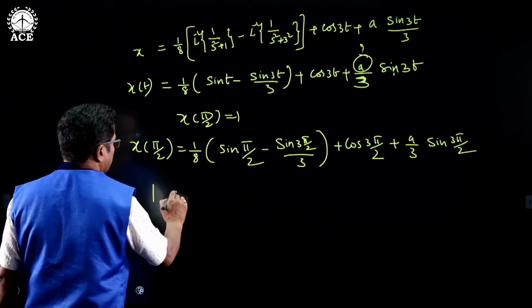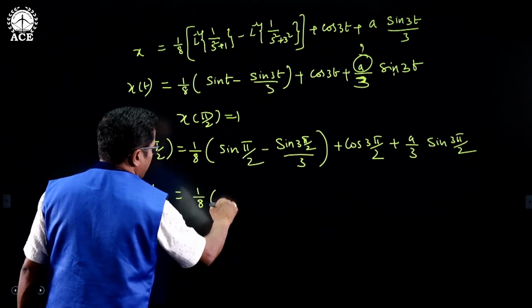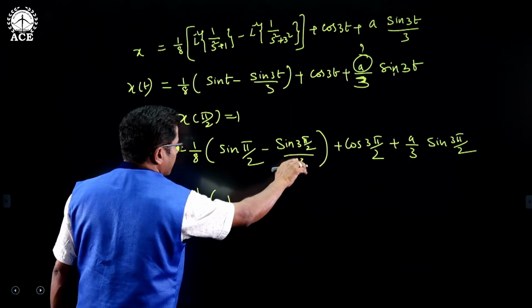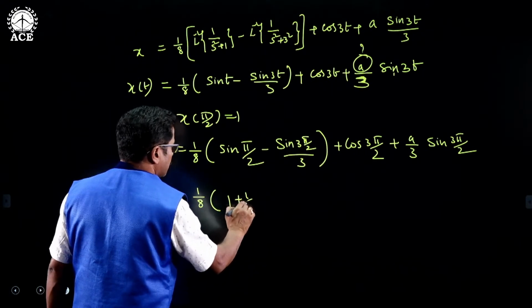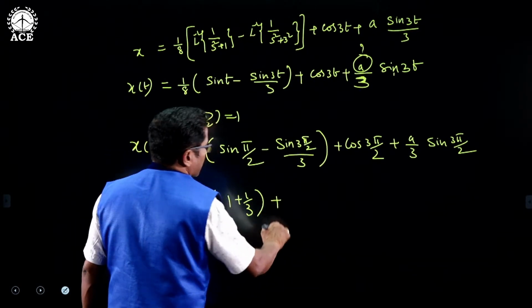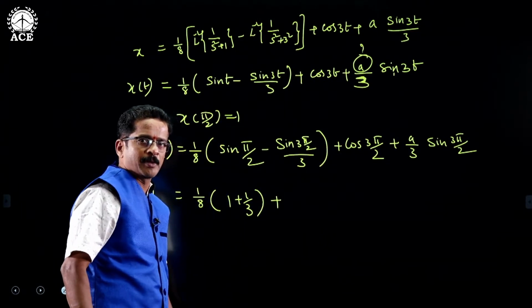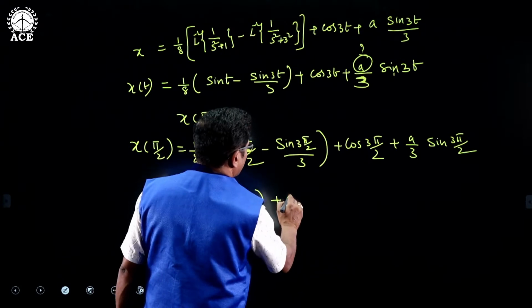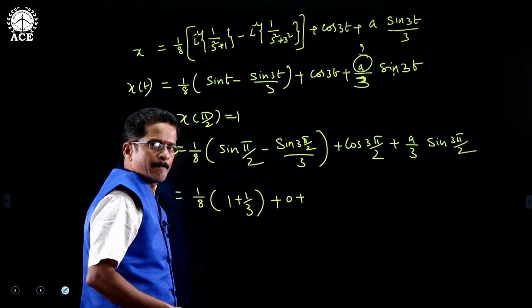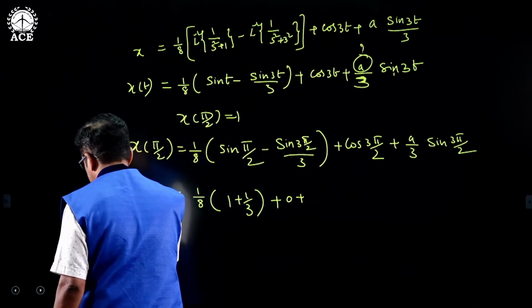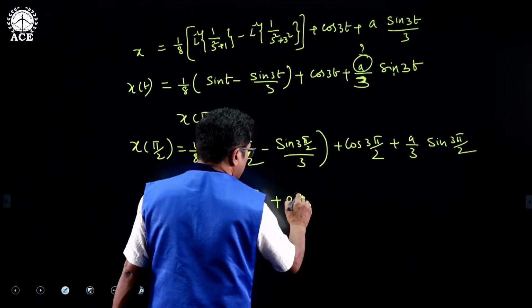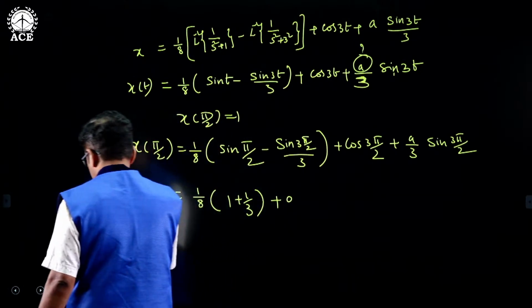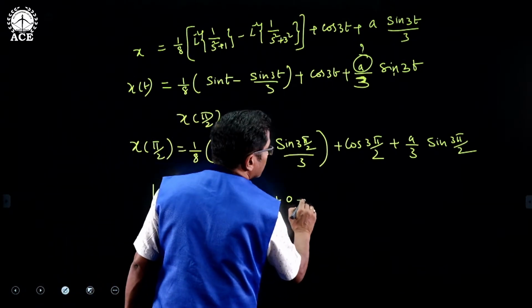X of pi by 2 is 1, equals 1 by 8, and sin pi by 2 is 1 and sin 3 pi by 2 is minus 1, and by 3 means you will get plus 1 by 3 here, plus cos 3 pi by 2, which is 0, plus sin 3 pi by 2 is minus 1, so here minus a by 3.